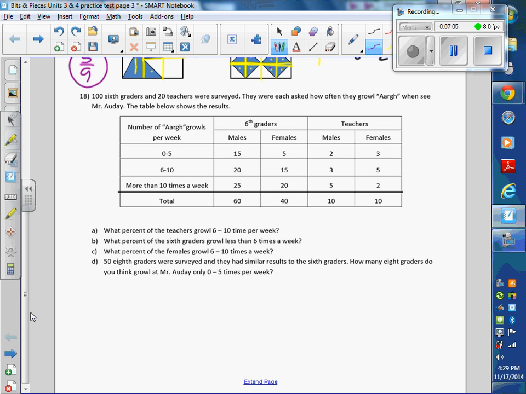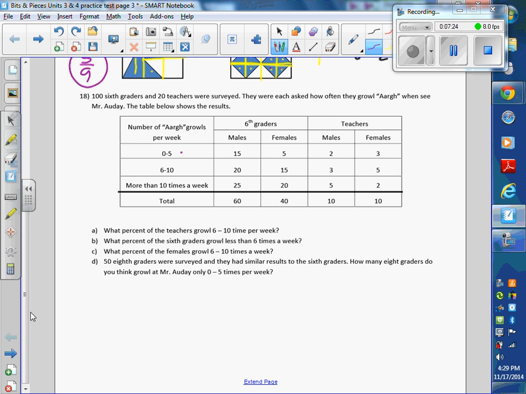Last problem. 100 sixth graders and 20 teachers were surveyed. They were each asked how often they growl "arg" when they see Mr. Audet. The table below shows the results. So, number of args per week in this row, 0 to 5.